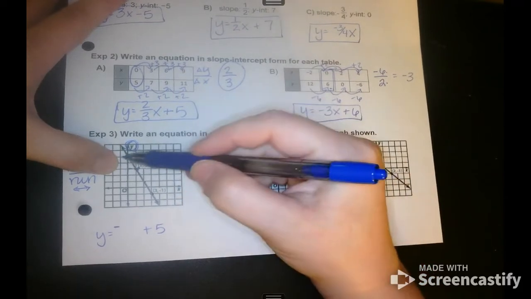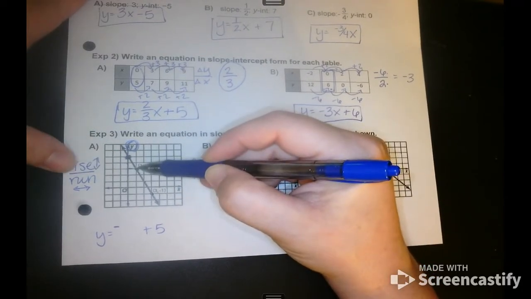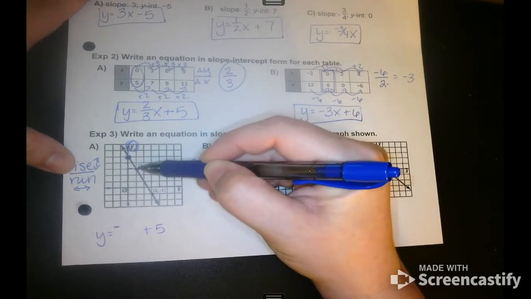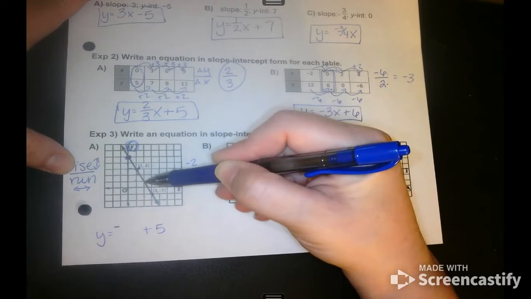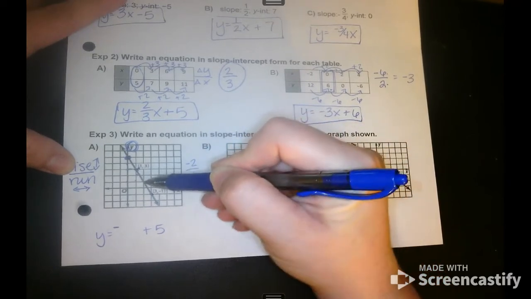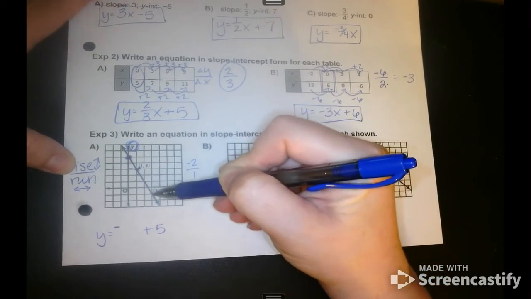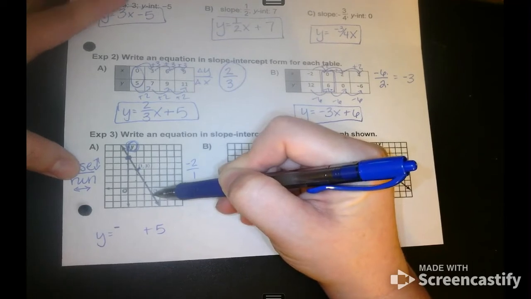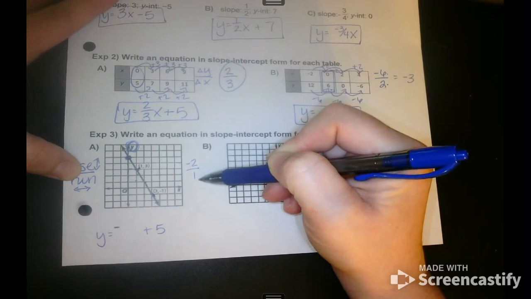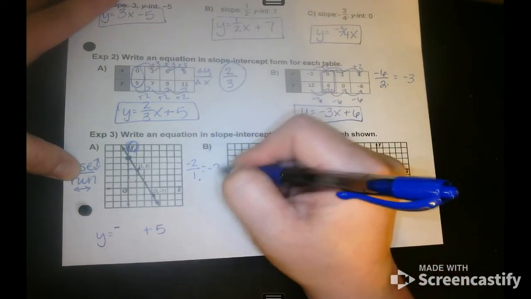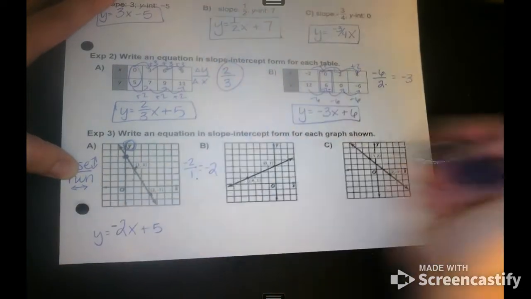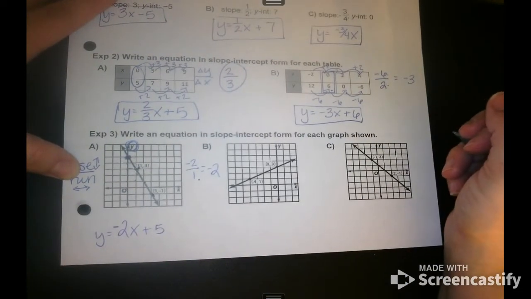Let's do that again. Down 2, over 1, did I land on the line? So is that a consistent rate of change? Yes. Negative 2 over 1 is the same thing as negative 2. So my slope is negative 2x plus 5.